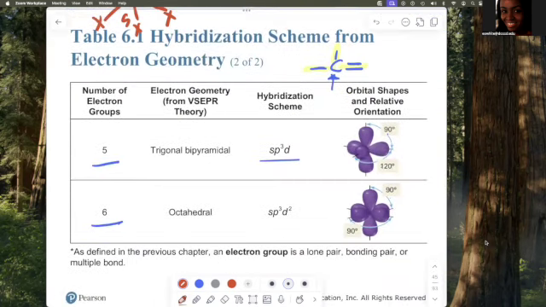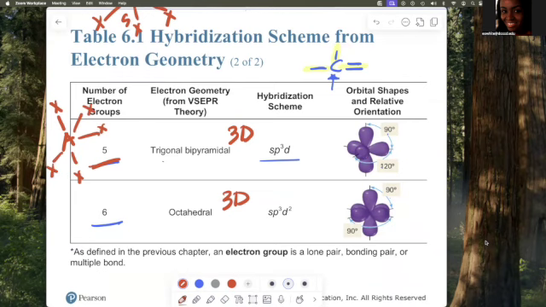If you have five groups, once again, this is going to be 3D, and six groups are also 3D. Five groups arrange themselves in trigonal bipyramidal. You have the central atom, A, and then you have the five groups, right? Two are up and down, axial, then you have three in the equatorial, the central.